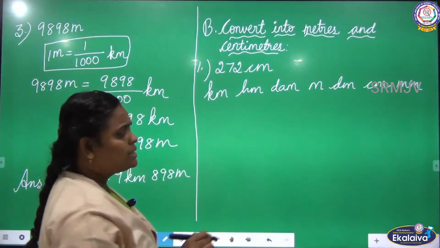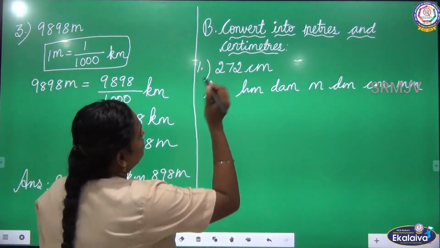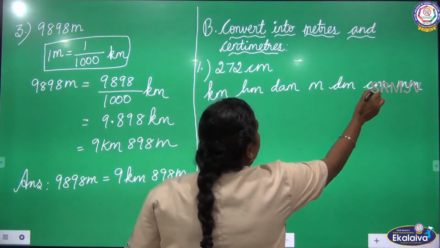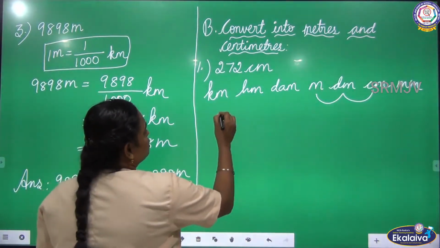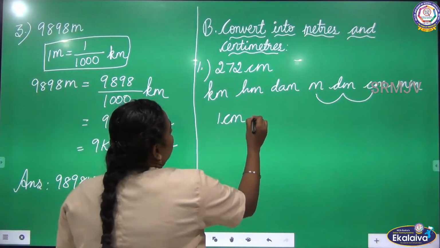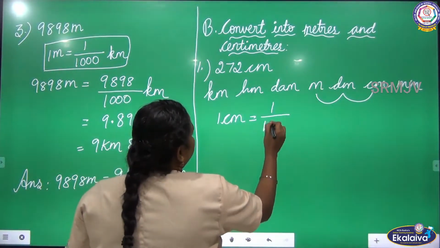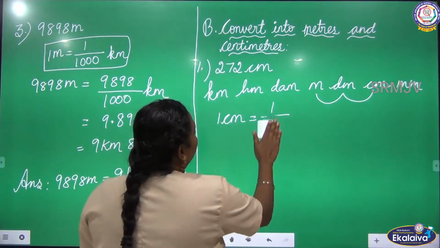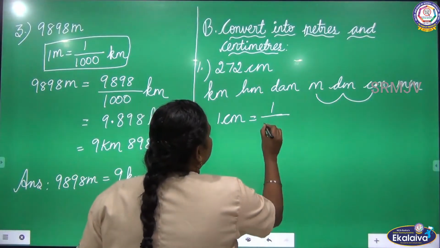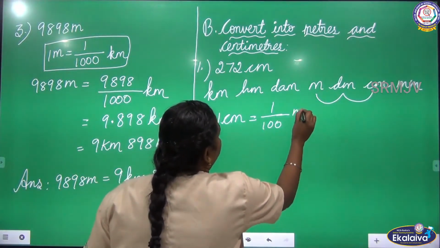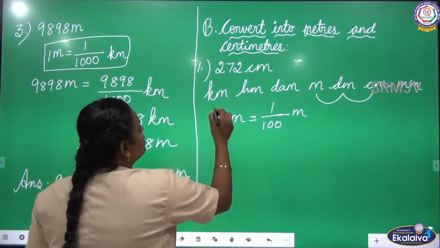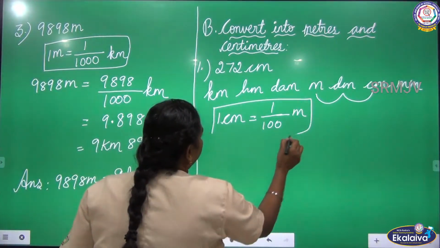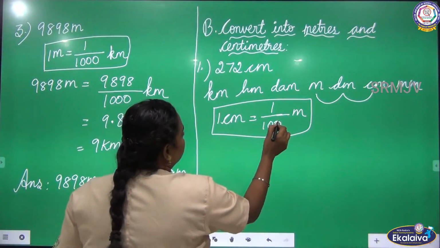How will you convert centimeter into meter? See, it's coming backwards. 1 centimeter equals how many meters? I told you already, 1 centimeter equals 1 by 100 meter. Backwards 2 times.